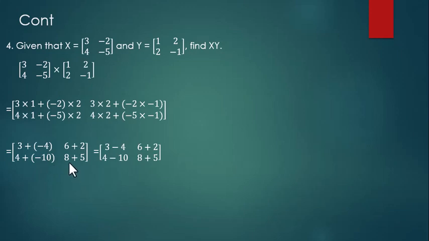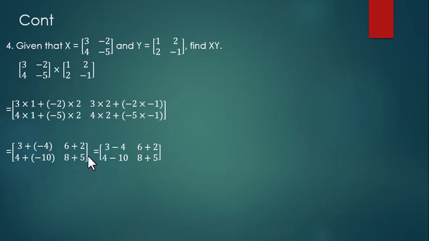Then 4 multiplied by 2, we get 8. Then negative 5 multiplied by negative 1, we get 5.